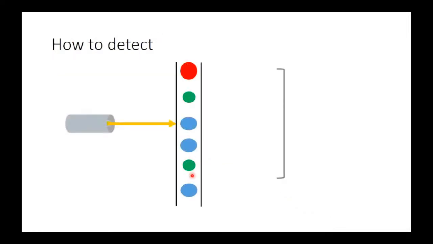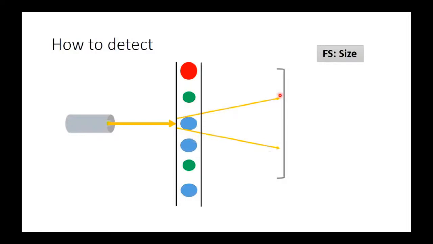Say that this is the flow cytometer tube, and the cells pass one by one through the laser beam. When the cell passes through the laser beam, the cell scatters the light in a forward direction, which is the light scattered at an acute angle. This forward scattered light is directly proportional to the size of the cell. Why?